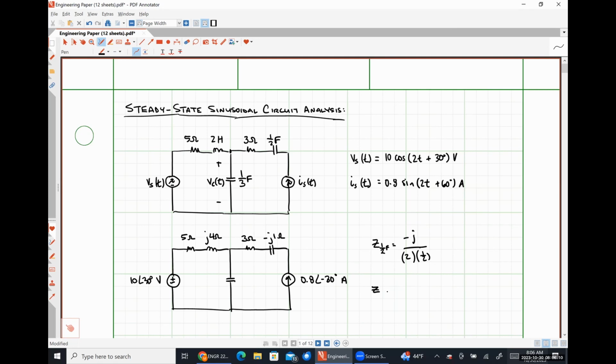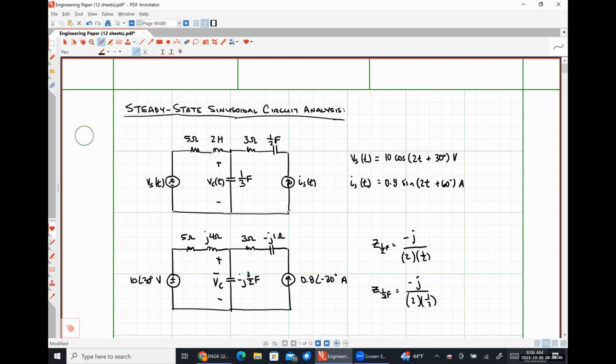The impedance of our 1/3 of a farad is going to be negative J times 2 times 1/3. So that's going to be negative J over 2/3. So minus J 3/2 ohms. And then lastly, the quantity that we're solving for converted into the frequency domain is going to be the phasor voltage VC.